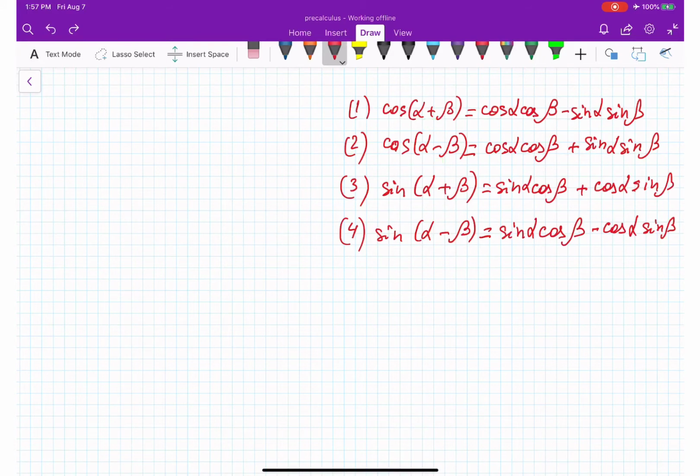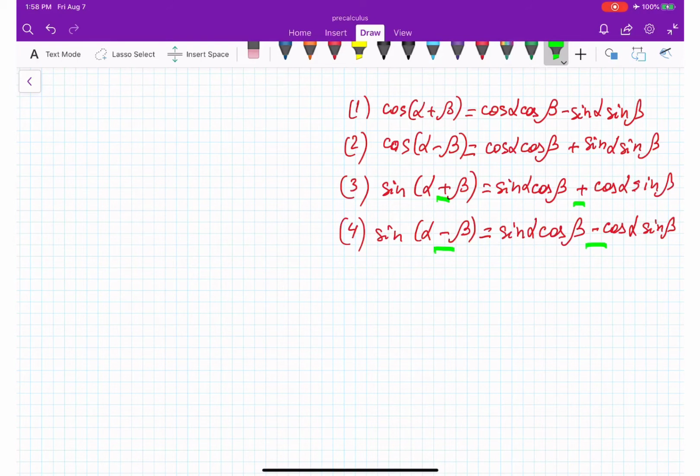There we go. Now the same thing happens with sine of alpha plus beta and sine of alpha minus beta. You have sine alpha, cosine beta, and cosine alpha, sine beta, in both cases. And when it comes to sine, if you have plus here, also plus, unlike with cosine, and if you have minus, here is minus.